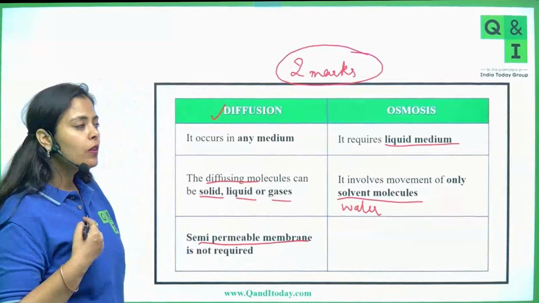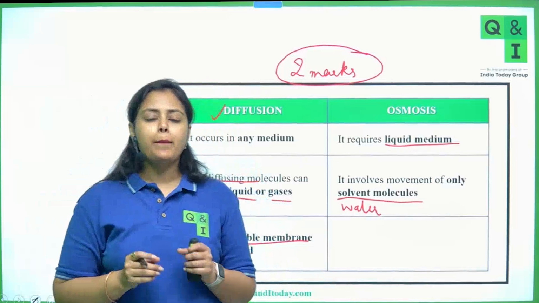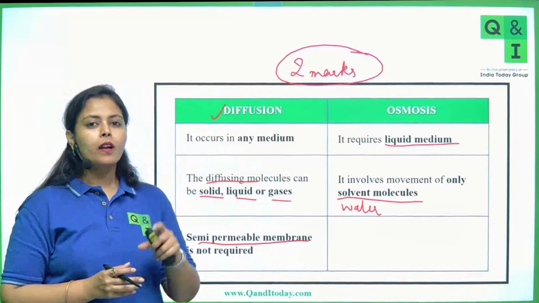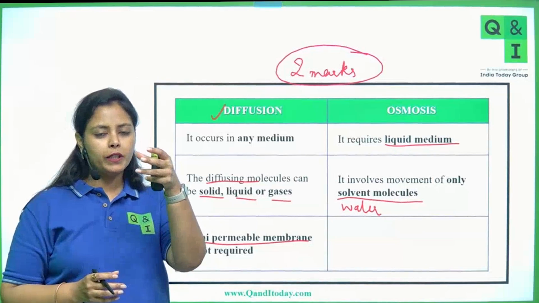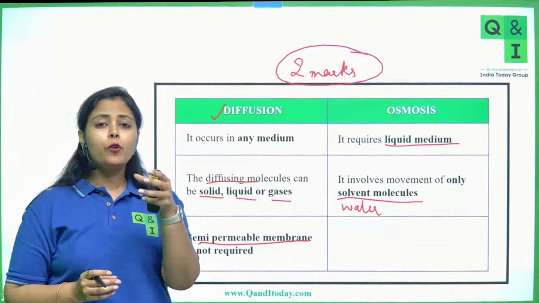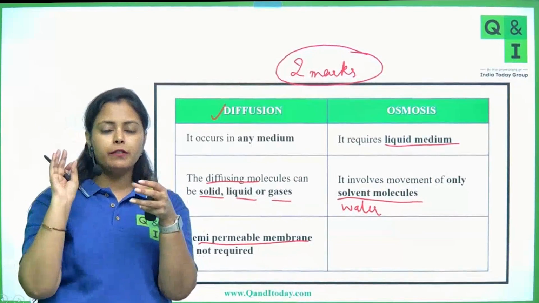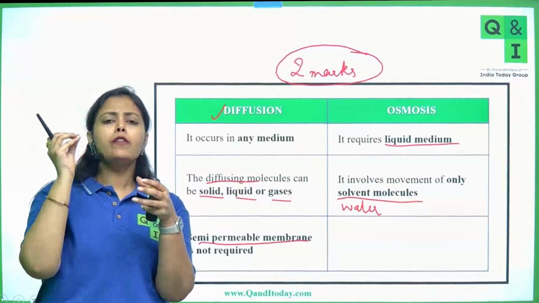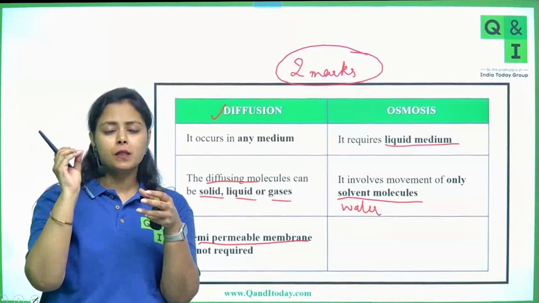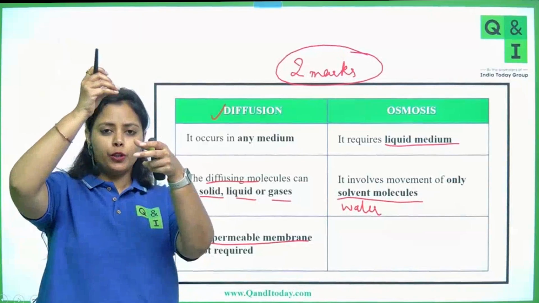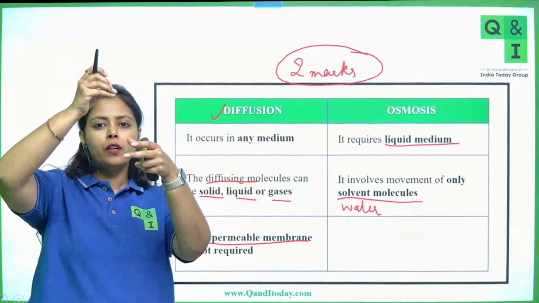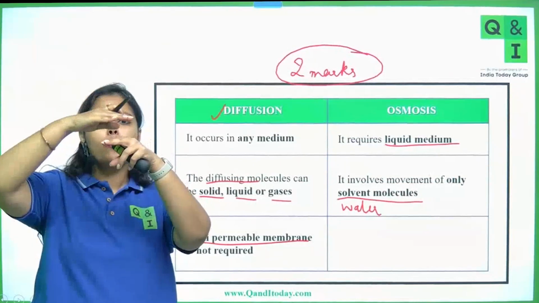Now, let me tell you this. For example, take a glass of water in your home. If you have any watercolor or food dye or simply ink present, put 2 to 3 drops of ink on the surface of water.